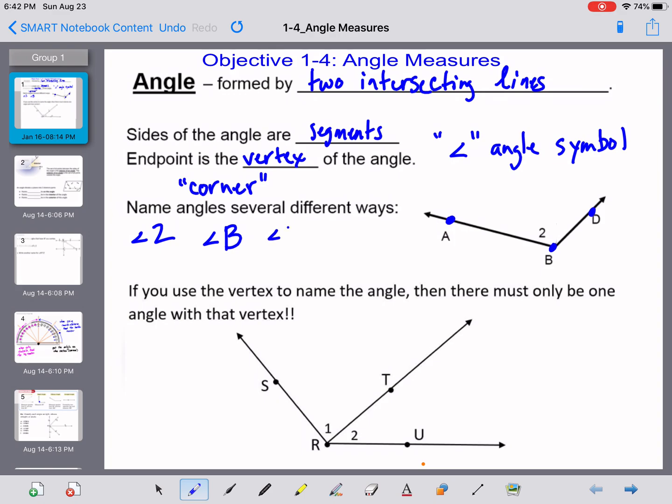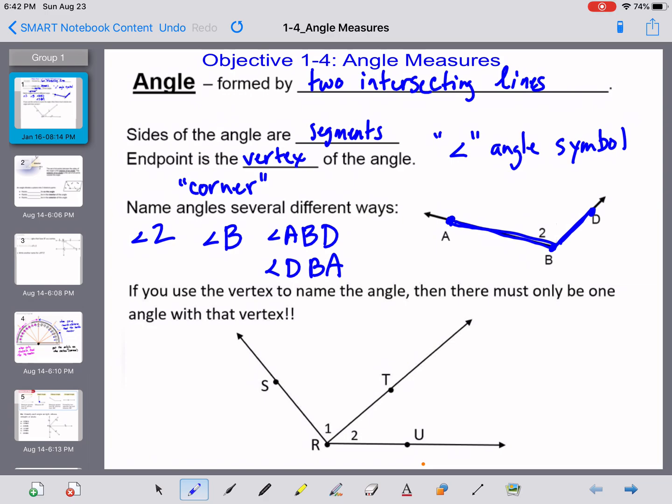We could say angle ABD. All right, so that means starting at A, we go down to B, and then we finish it off by D, so we know exactly which one we're going. And we can also switch that around, and we could say DBA.